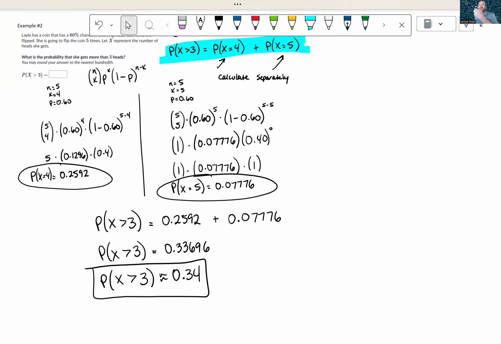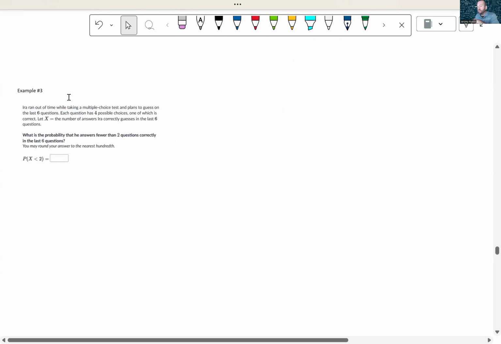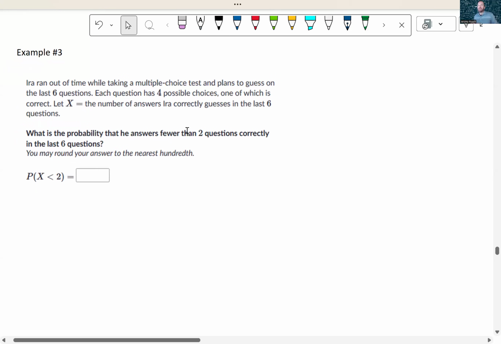Okay, let's try one more of these, because now we're going to look at the probability that x is less than some value. This says that Ira ran out of time while taking a multiple choice test, and she plans to guess on the last 6 questions.